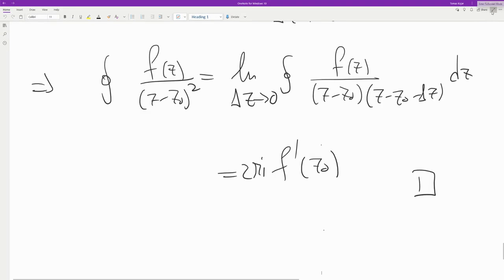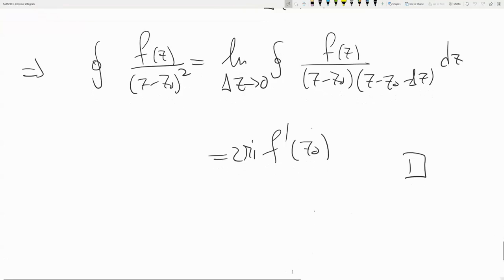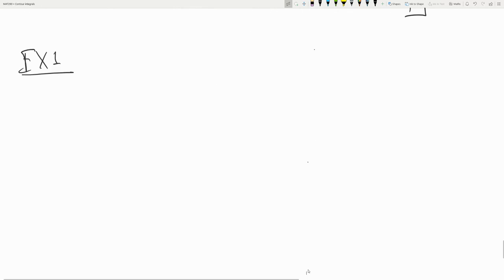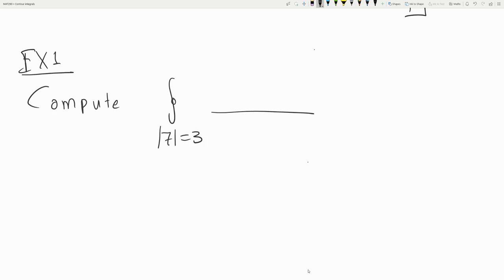Okay, so now we do examples. Compute the contour around 0 of this function.